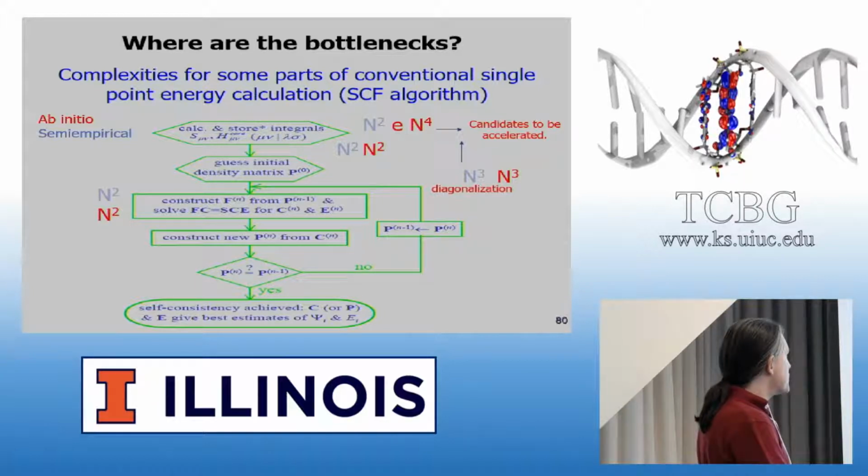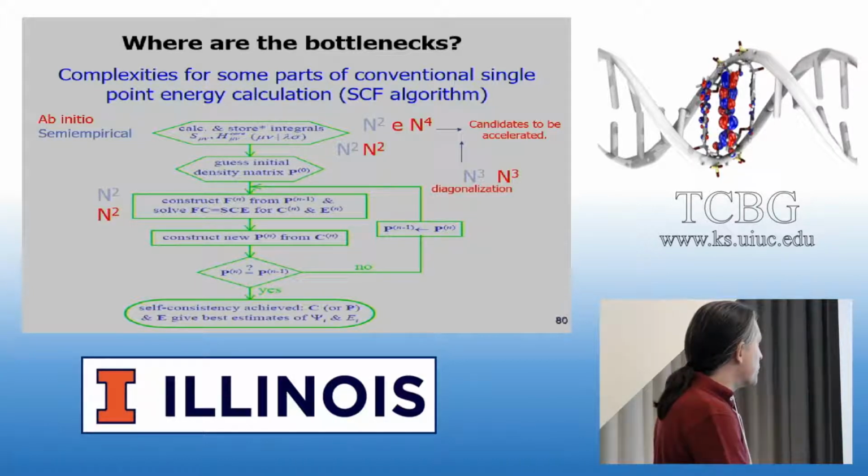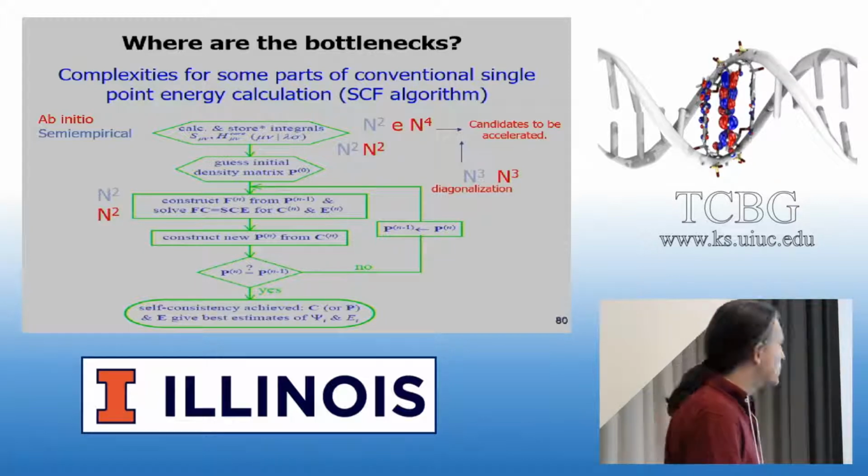For the diagonalization of the Fock matrix, you have the same complexity as the ab initio and DFT methods.